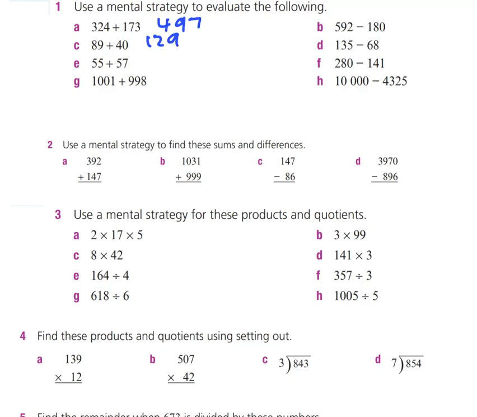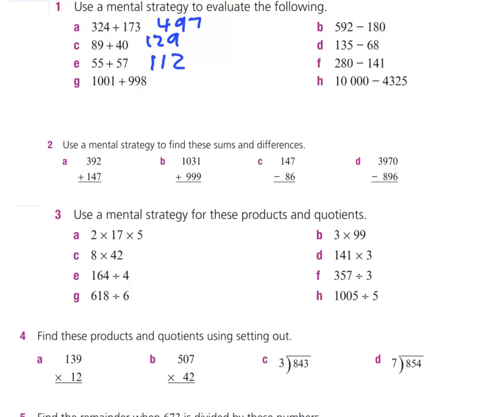Just add them up. 55 plus 57, because this one's fairly easy, I'll just add them up normally, but I'll show you maybe slightly different techniques for later ones. 5 plus 7 is 12, 50 plus 50 is 100, so that's 112.